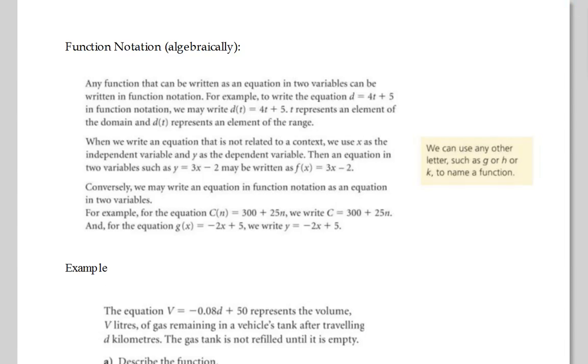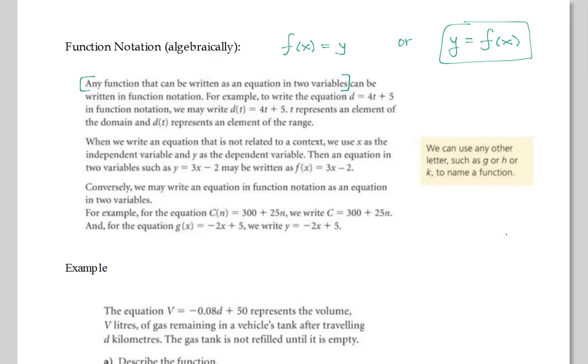Okay, function notation, algebraic. Any function can be written as an equation in 2 variables. It looks like this: f of x equals y. Or you can write it with the y on the left: y equals f of x. Typically, this is how it's written. It's 2 variables.